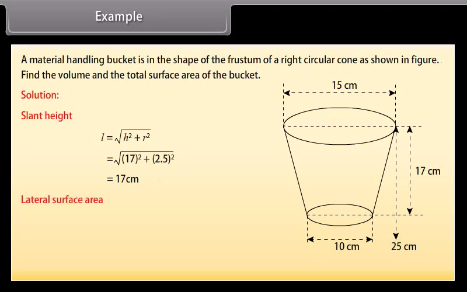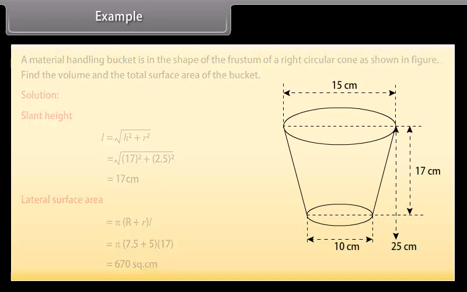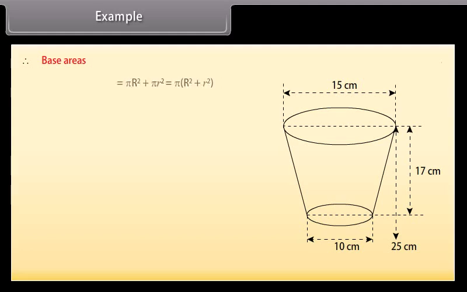Also, lateral surface area is equal to, substituting the values, we get lateral surface area equal to 670 square centimeter. Therefore, base area is equal to 177 plus 79.